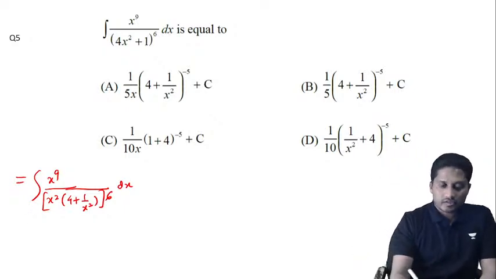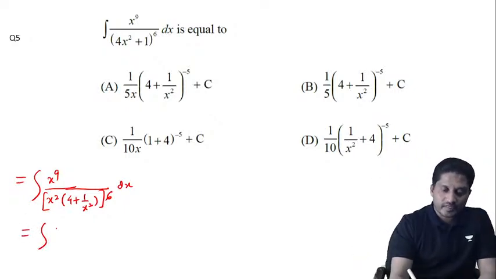Right, so this will be equal to integration of x to the power of 9. X square power 6 is x to the power of 12 into 4 plus 1 by x square whole to the power of 6 dx.